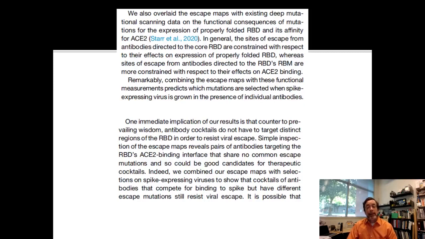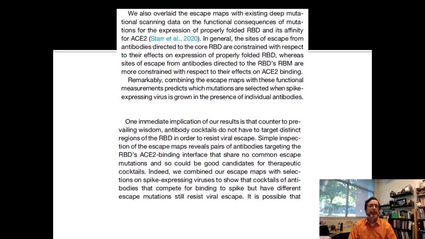But one immediate implication of our results, counter to prevailing wisdom, the antibody cocktails do not have to target distinct regions of the RBD in order to resist viral escape. If you just look at that, you can see that there are lots of pairs of antibodies that share no common escape mutations, which means that if you combine them, they will work well together, okay?